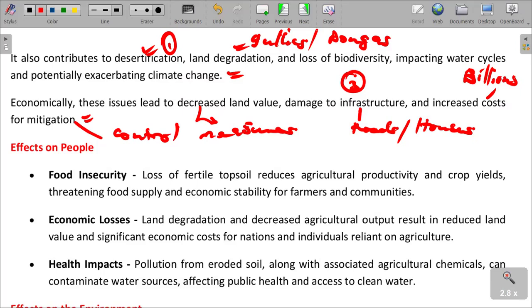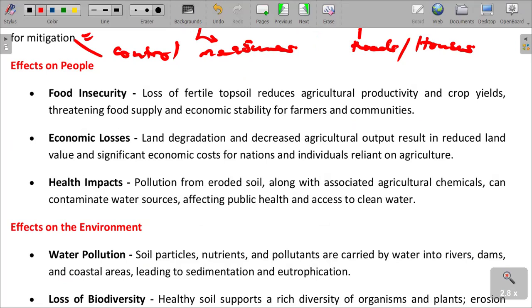So I have just mentioned these in passing so that we can summarize them. Food insecurity, effects on people. Agricultural productivity reduces because of yield reduction, and then economic stability is threatened for farmers and communities.